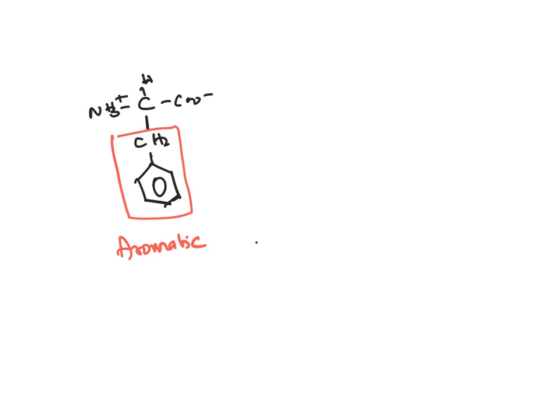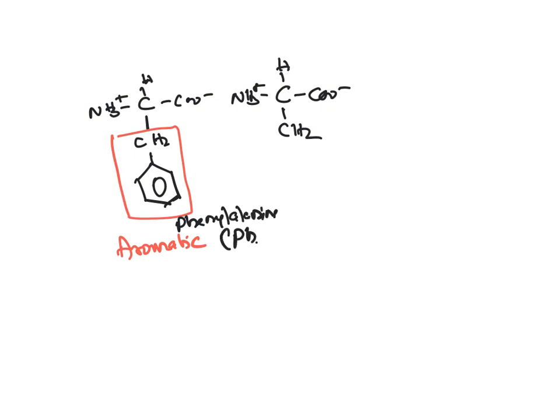Now let's move on to our next amino acid in the same category, tyrosine. It has the alpha carbon, COO minus, the primary carboxyl group, NH3 plus, the primary amino group, H, and then CH2, just like phenylalanine. The three-letter abbreviation for phenylalanine is PHE.